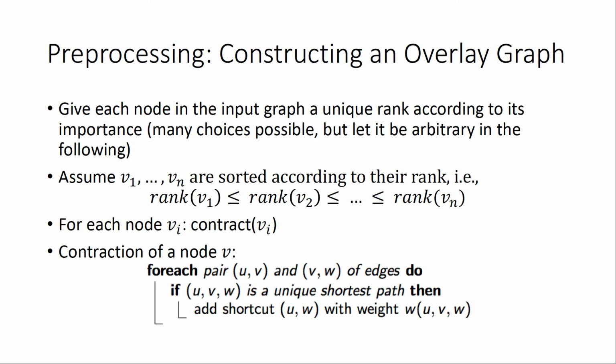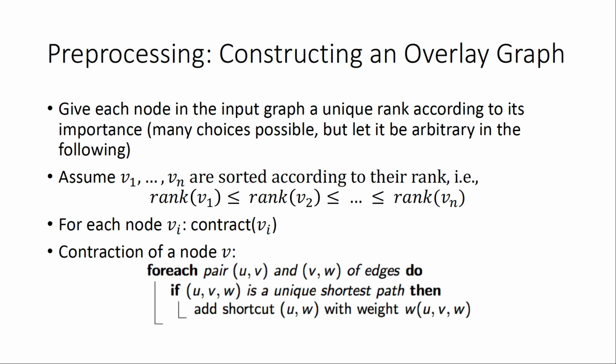contraction on the blackboard. So let's say we have a node V over here that we want to contract. And there are nodes U1 and U2 over here, and there are some nodes, let's call them W1, W2, and W3 over here. Let's add some edges between those.